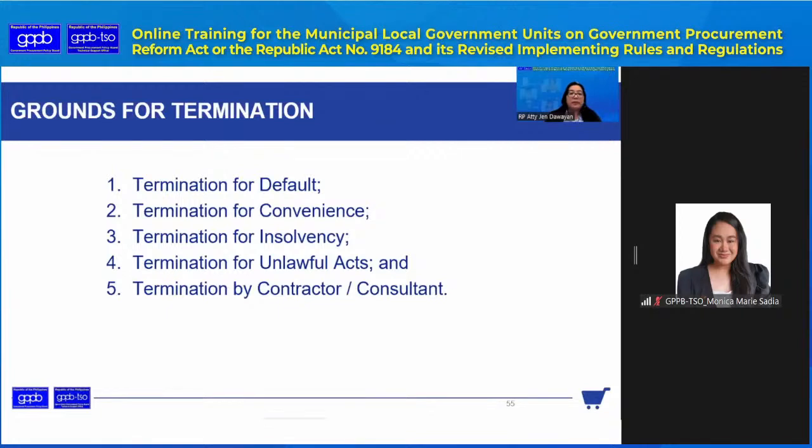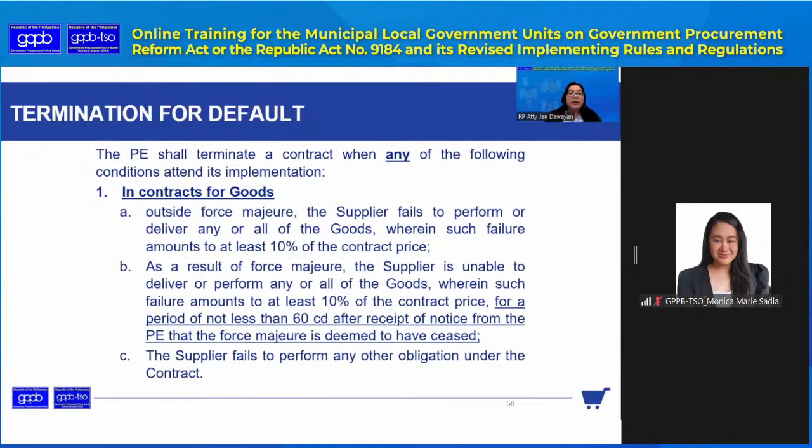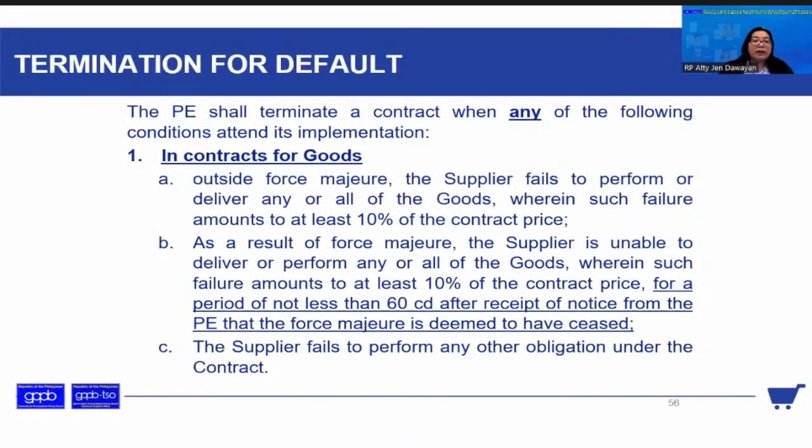For termination by default, the procuring entity shall terminate a contract when any of the following conditions attend its implementation. For goods, when there is an outside force majeure where the supplier fails to perform or deliver any and all of the goods, wherein such failure amounts to 10% of the contract price.